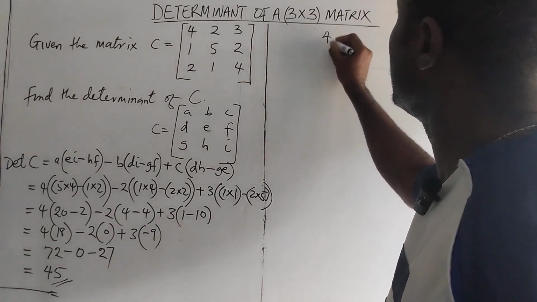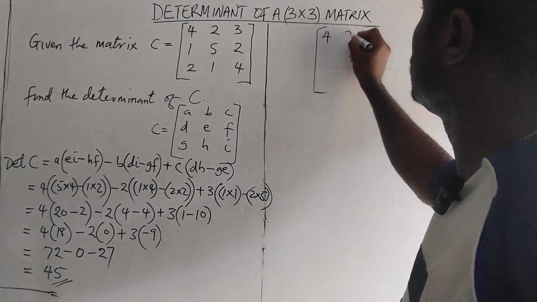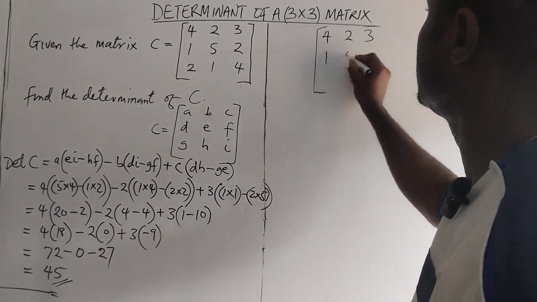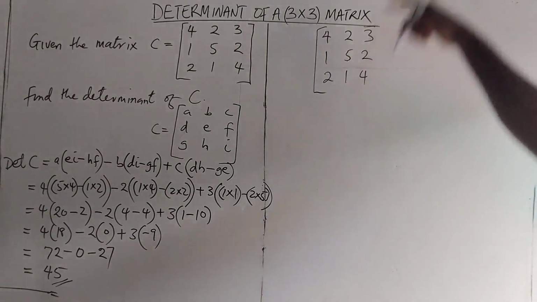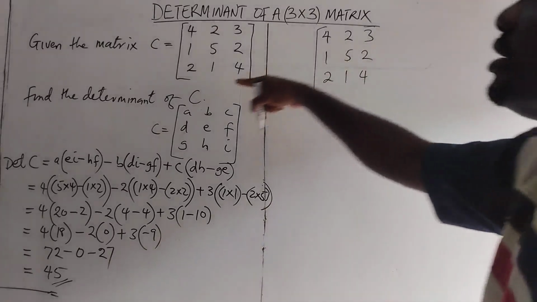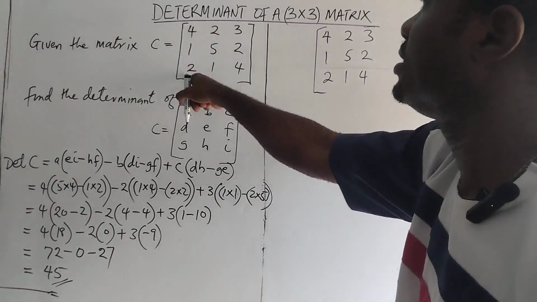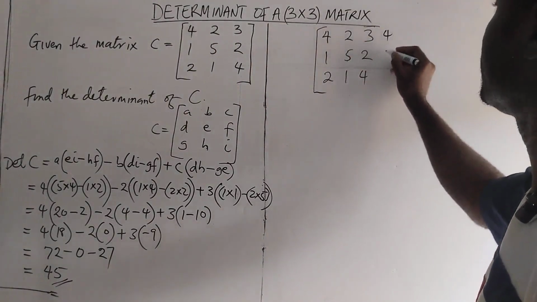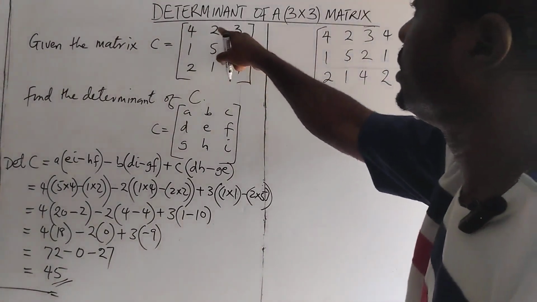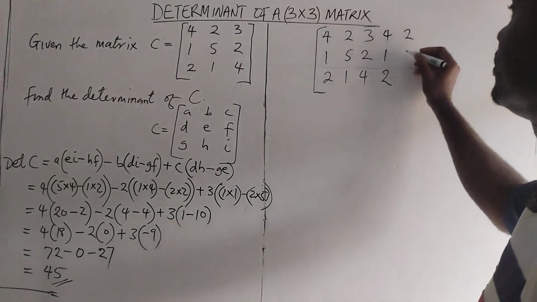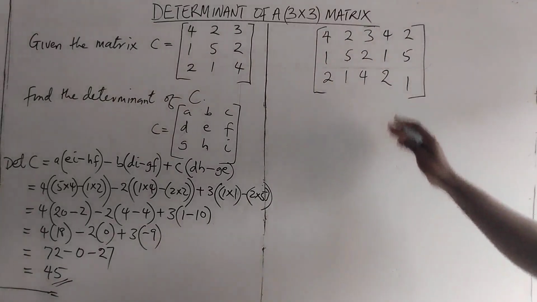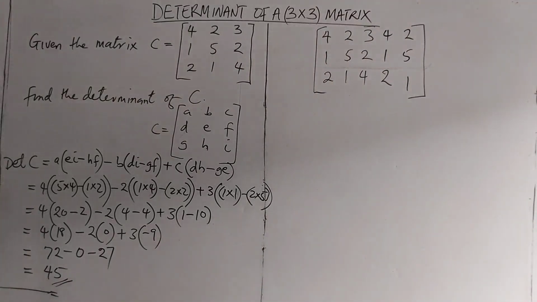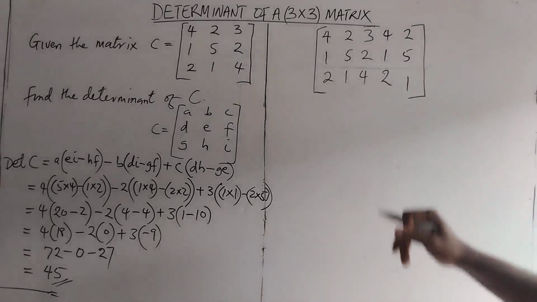Instead of having only 4, 2, 3, 1, 5, 2, and 2, 1, 4, you expand it by repeating the first column and the second column. So we now have a 3 by 5 matrix.